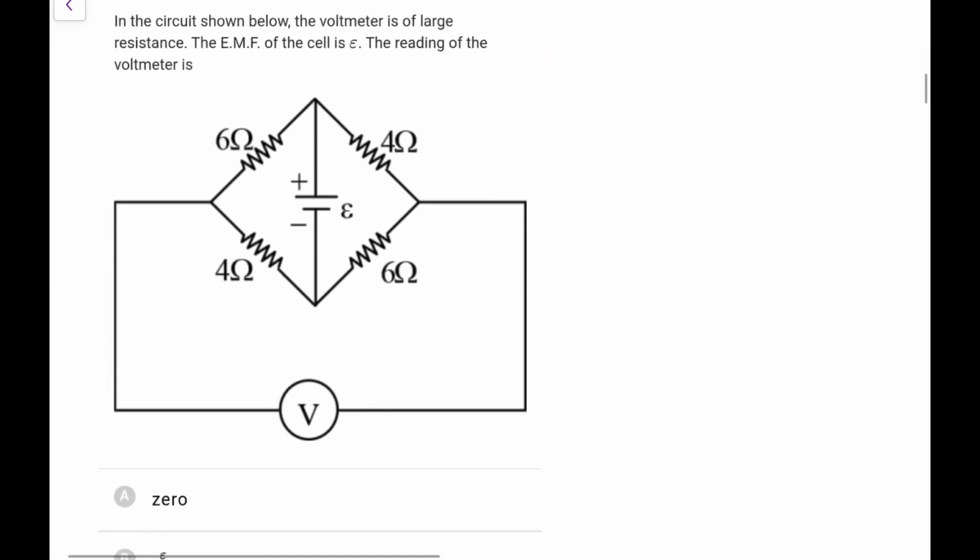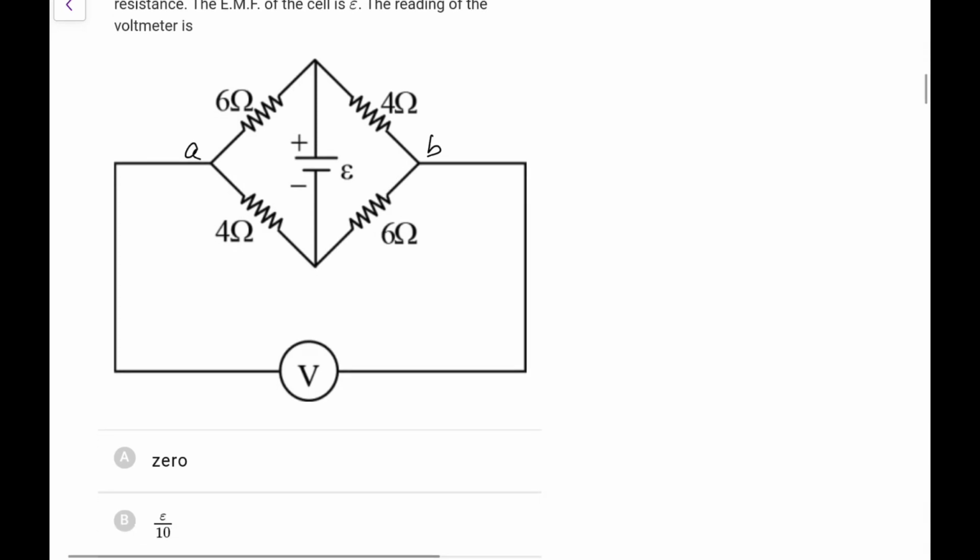In the circuit shown below, the voltmeter is of large resistance. That means you can take it to be ideal. The EMF of the cell is E. The reading of the voltmeter is going to be. So the voltmeter reads the potential difference between the points A and B. The EMF of the cell is given as E, what is it going to read? So there will be almost no current going this way, and no current going this way also.